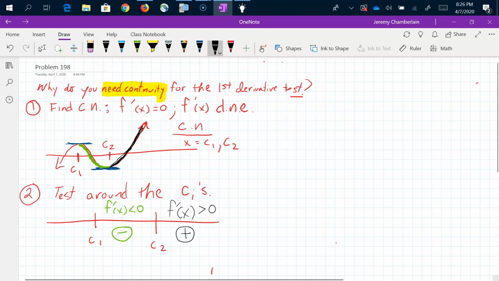On the other hand, if we go to the left of c1, the function is increasing, increasing here, increasing here. The slope is positive on this side. My apologies there.